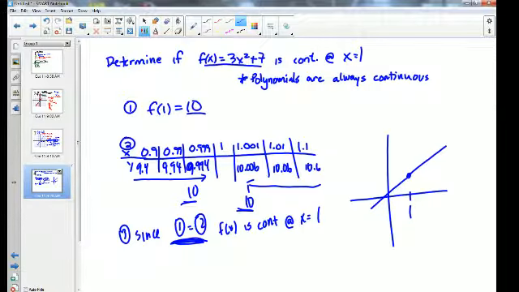That's end behavior. Oh, you're asking what if? No, we're always analyzing going in. Always. And if those don't match, it's discontinuous. Good question.